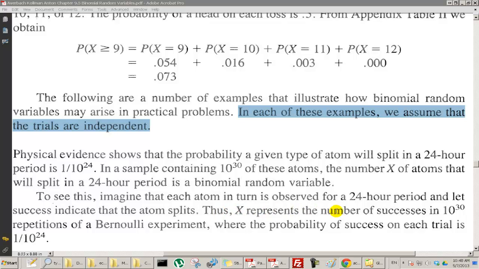Thus X represents the number of successes in this many trials or repetitions of the Bernoulli experiment, where the probability of success in each trial is this.